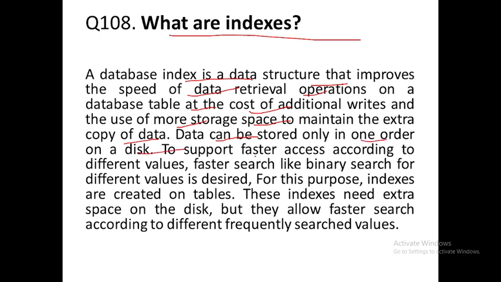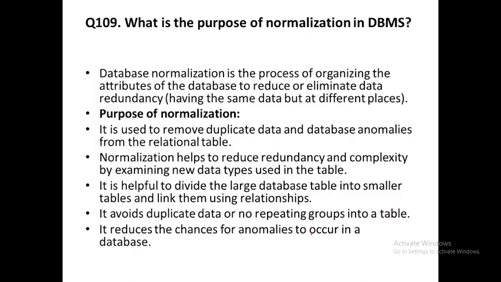To support faster access according to different values, like faster search such as binary search, indexes are created on a table. These indexes need extra space on the disk, but they allow faster search according to the different frequently searched values.